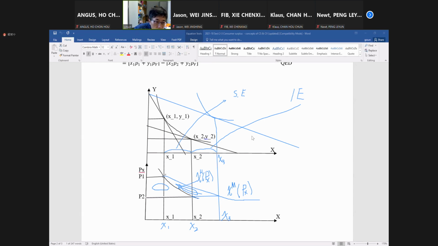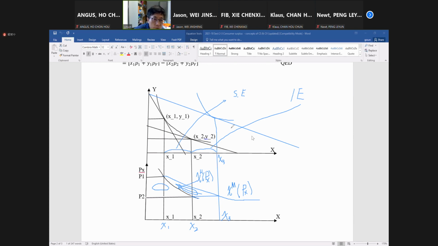So this example is enough to convince us that this number is rather small, and this curve is nice. This curve diverges somewhat from that curve, but as far as the change in consumer surplus is concerned, it doesn't matter much. It really doesn't matter very much which curve we are using.